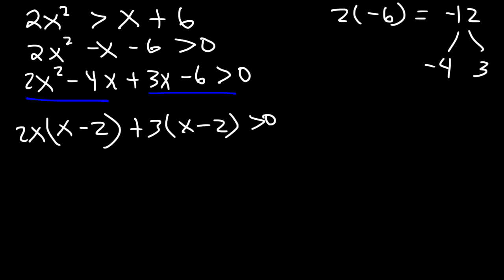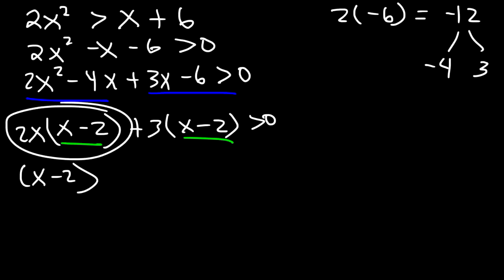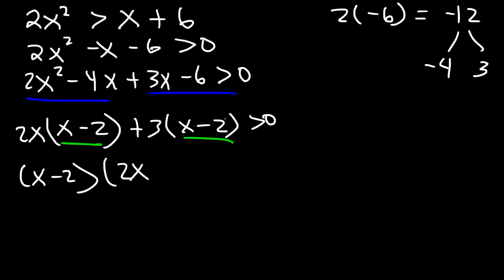And then at this point also factor out the GCF, which is x minus 2. So if we take out x minus 2 from the first term, what we're going to have left over is 2x. And if we take out x minus 2 from the second term, we're going to have a 3 left over. But that's going to be plus 3. And so that's how we can factor this expression.